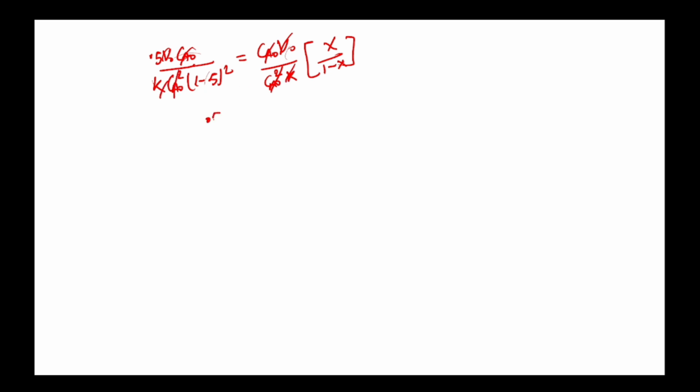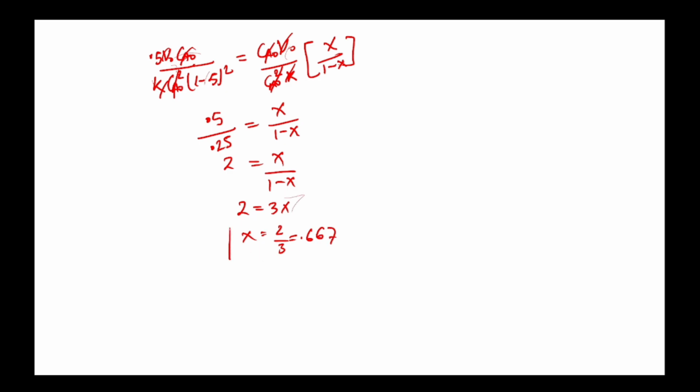So 0.5 upon 0.25 is equal to x upon 1 minus x. So this will become 2 is equal to x upon 1 minus x. So 2 is equal to 3x, x is equal to 2 by 3, that is 0.667. Okay, so this is the final answer.